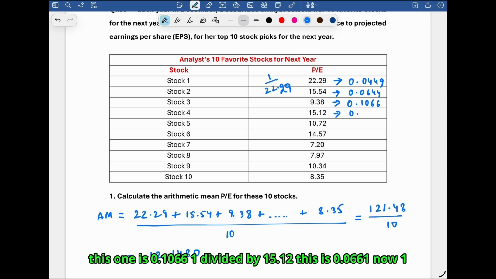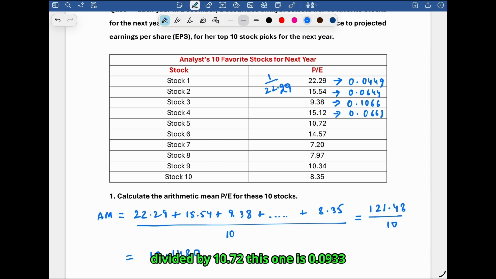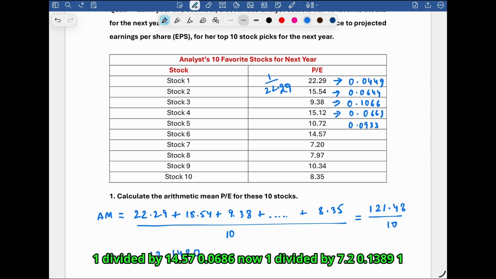This is 0.0661. Now 1 divided by 10.72. This one is 0.0933. 1 divided by 14.57.